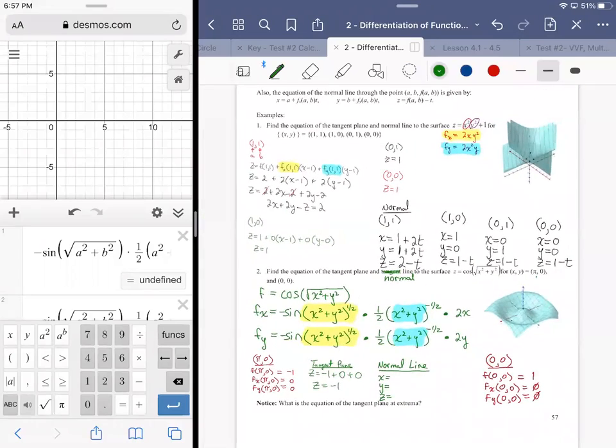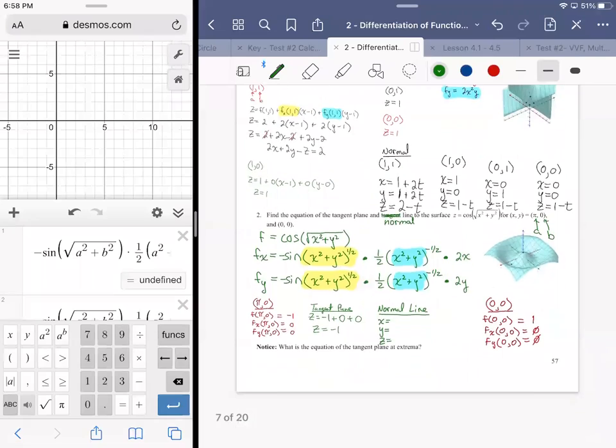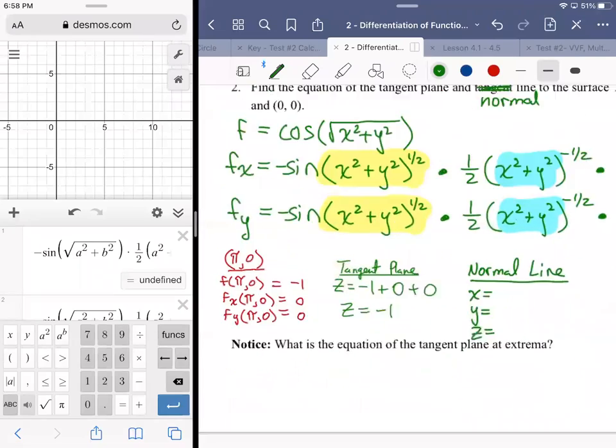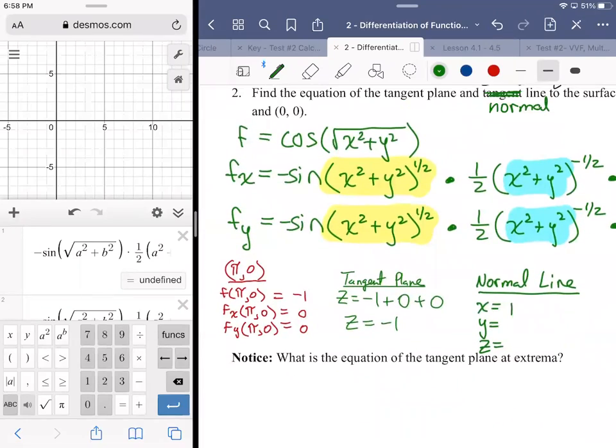So for this one, that's my A and my B, and then the slopes, which are easy enough. So pi plus 0t, so just pi. Then 0 plus 0t, so 0.